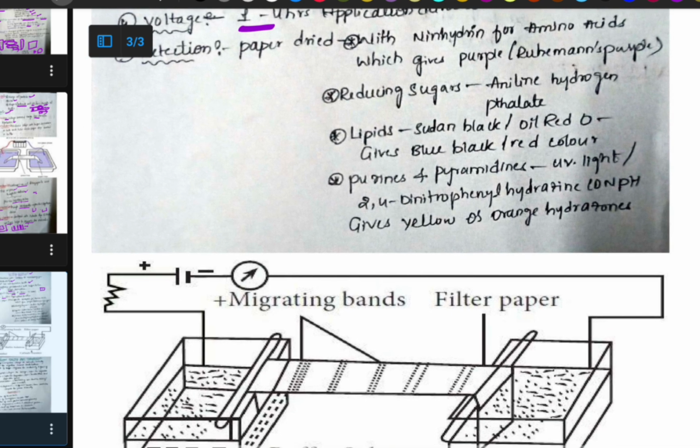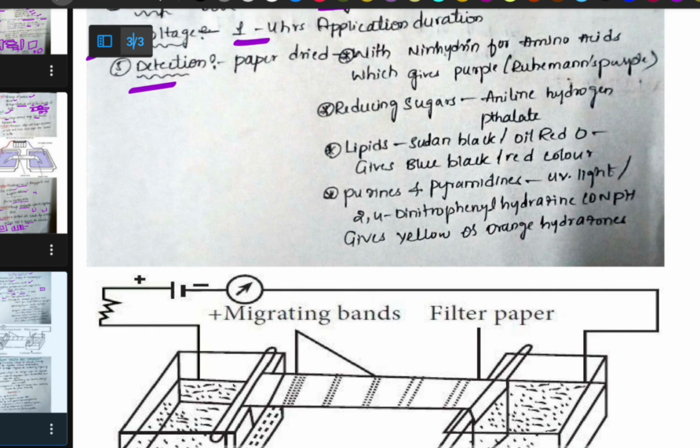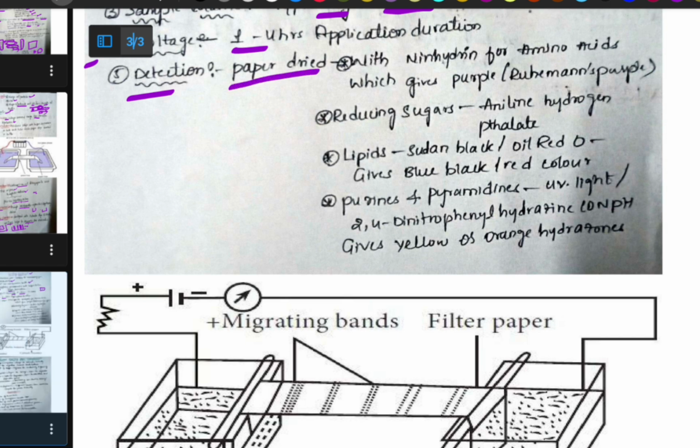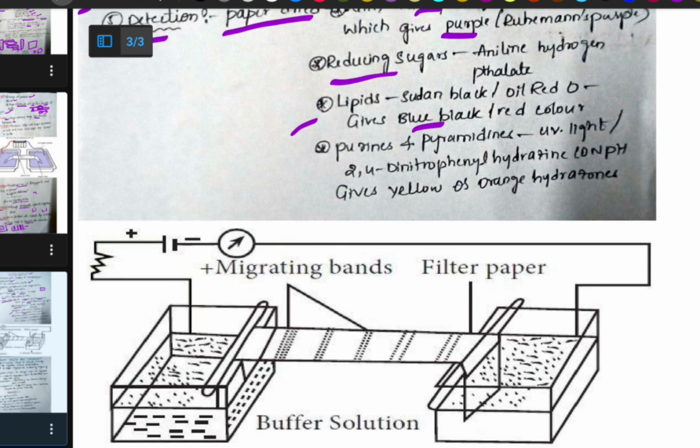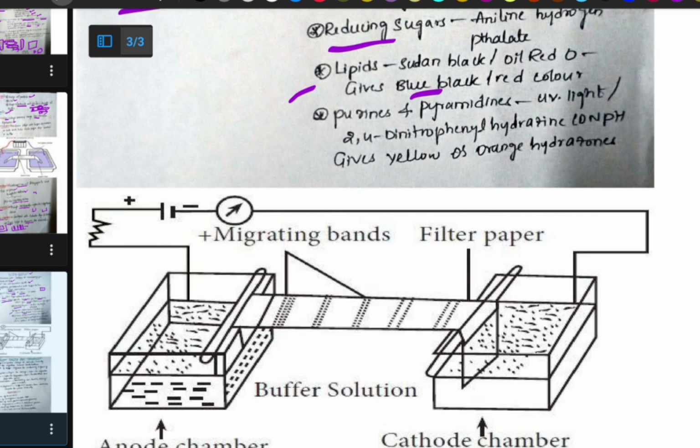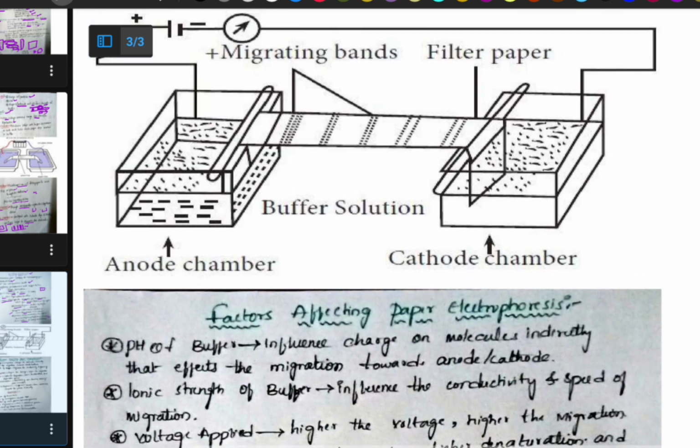For detection, the papers can be dried and treated with ninhydrin for amino acid identification, which gives a purple color. For reducing sugars, we use aniline hydrogen phthalate. For lipids, Sudan black gives a blue-black color. Purines and pyrimidines show under UV light, or with 2,4-dinitrophenylhydrazine, which gives a yellow or orange color.